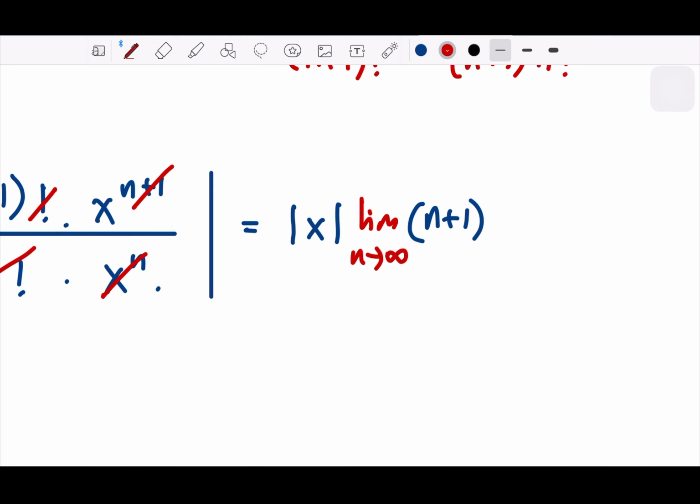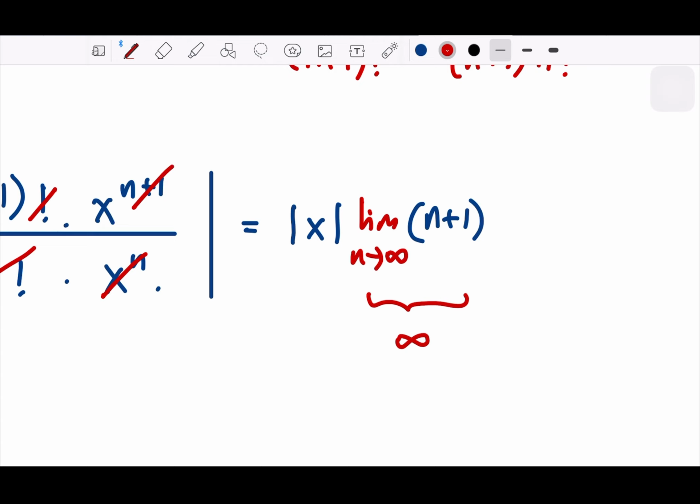Now, if we take the limit, this turns out to be an infinite limit, right? So in order for the series to converge, what is going to happen with x?